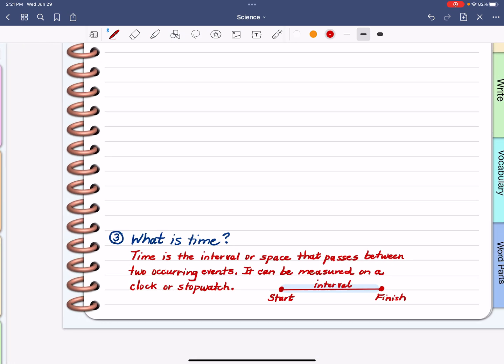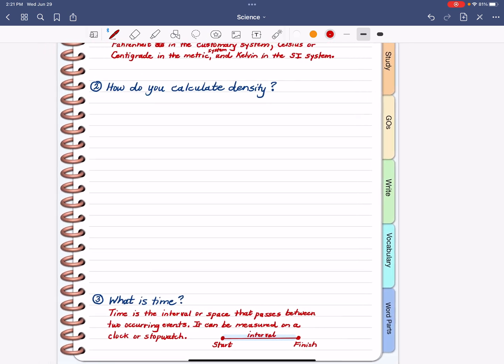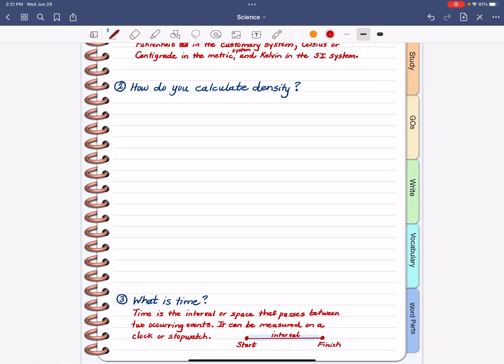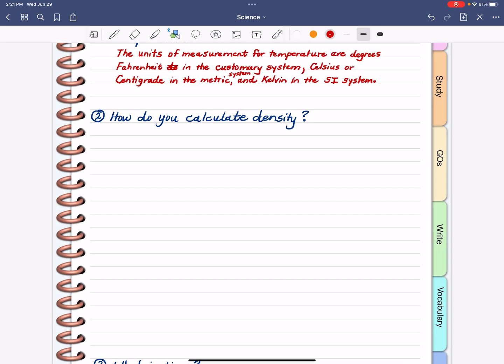Okay, to get number 2, I want to do a graphing exercise with you. So we're going to need some data to graph. So I want you to draw in a table. Just come over here after the question and let's draw a box. And we're going to put 2 columns in this.